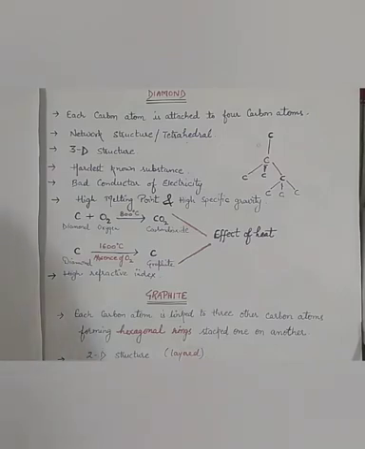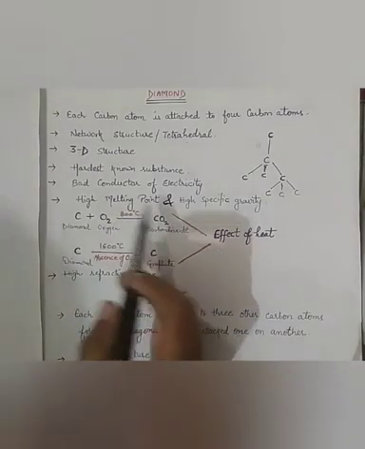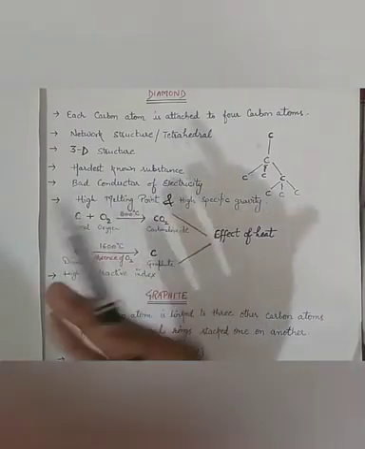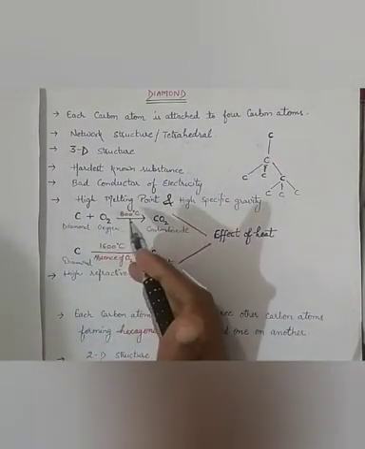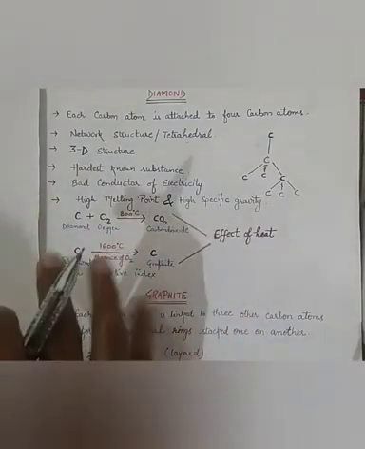The covalent bond is actually very strong. As a result, a large amount of energy is required to break the crystal. That's why they also have a high melting point. So they are the hardest known substance, because the bond length is very small, they are very compact, and we require a large amount of energy to break the crystal.